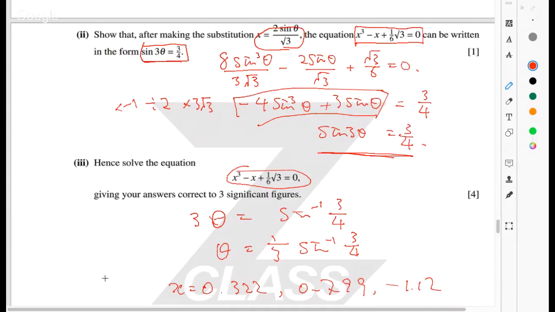The reason you have 3 values here is not because the roots repeat. When they repeat, for example, sine 1 and sine 1 plus 2 pi will be the same thing. So when we plug that back into the formula, x is equal to 2 sine theta over root 3, we still get the same thing.